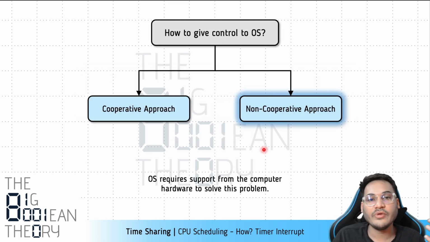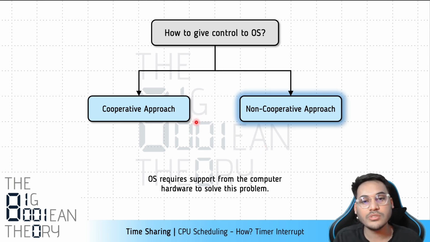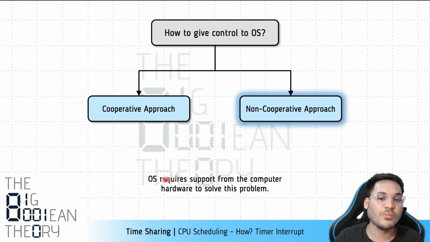So guys, we have talked about the non-cooperative approach also, right? The problem that we were trying to solve is how do we give the control of the CPU from the user process to the operating system. In the previous video, we talked about the cooperative approach where we trust the user process to give up the control on their own. And in this video, we talked about the alternative, that is the non-cooperative approach. Here, the operating system requires support from the computer hardware, right?